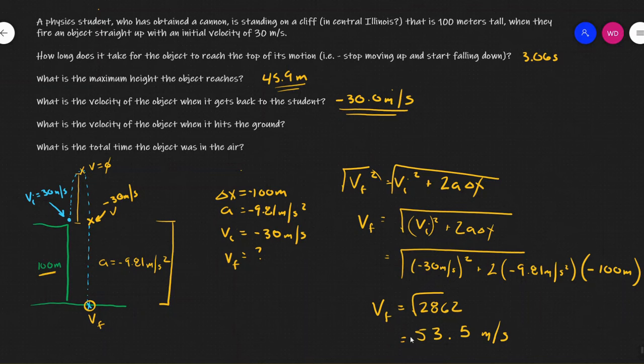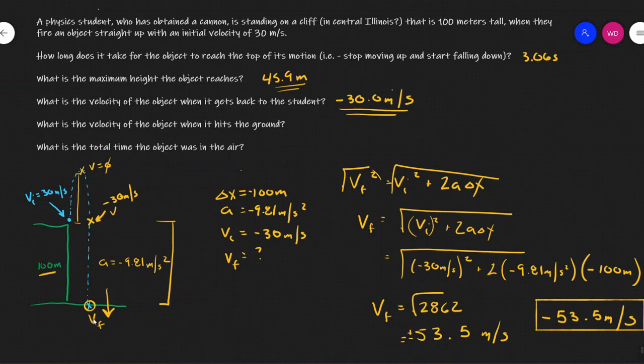And if we remember from math, it's actually going to be plus or minus because I've got the square root. So we need to use our logic here and recognize that its velocity will be going down. So the correct answer is minus 53.5 meters per second, or 53.5 meters per second in the negative direction.